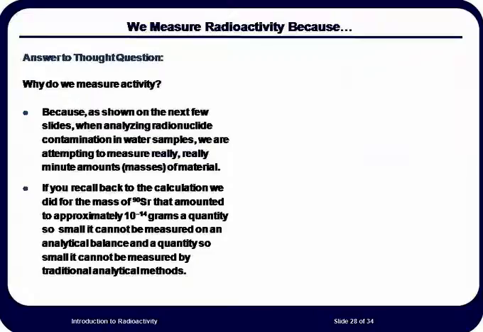The answer is basically because the mass of radionuclides, particularly the amounts found in drinking water samples, are very, very, very small. If you recall back to the calculation we did for the mass of strontium-90, that amounted to approximately 10 to the minus 14th grams, a quantity so small it cannot be measured on an analytical balance, and it also cannot be measured by any of the traditional analytical techniques.